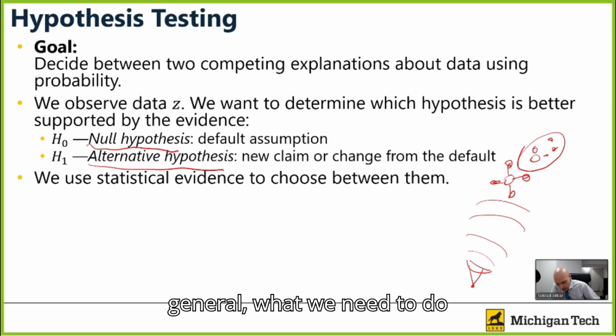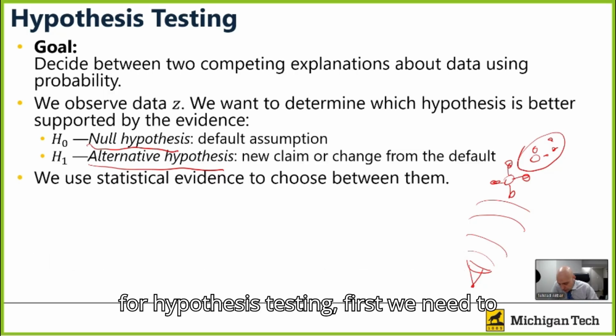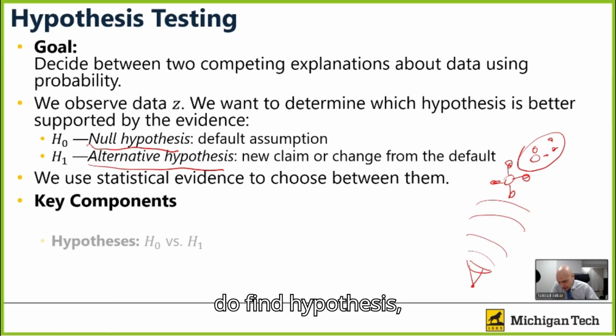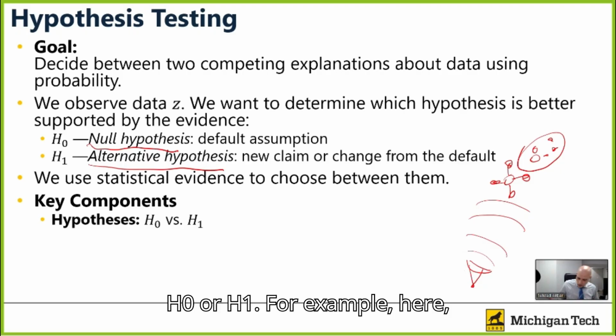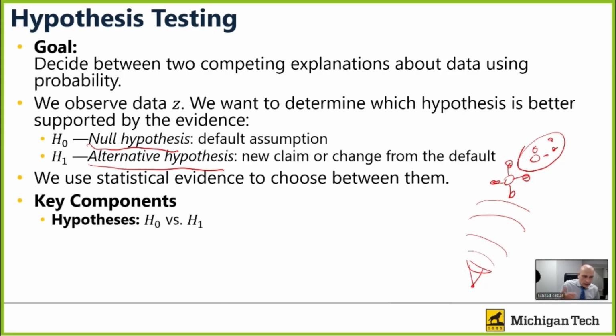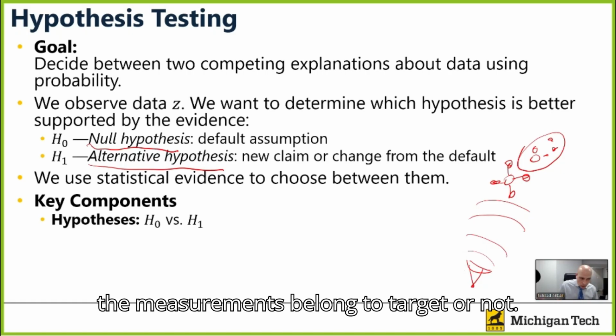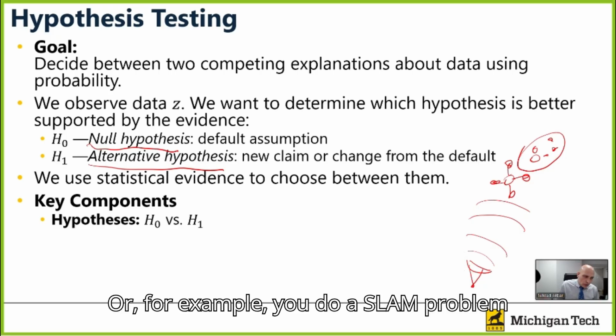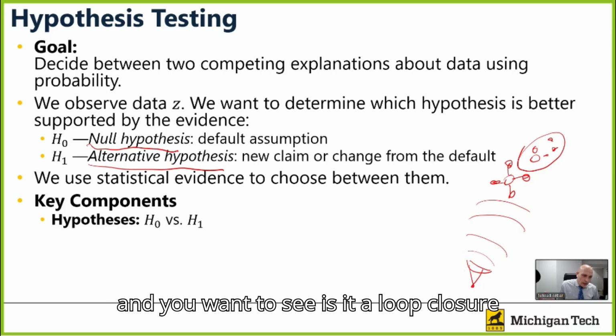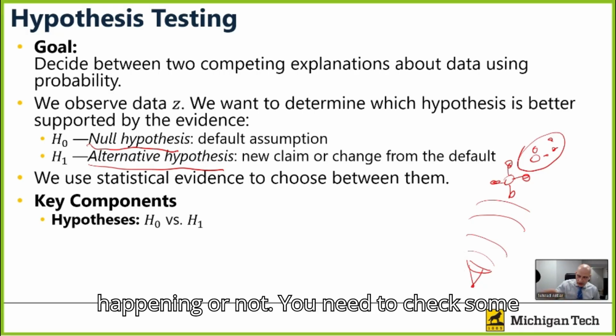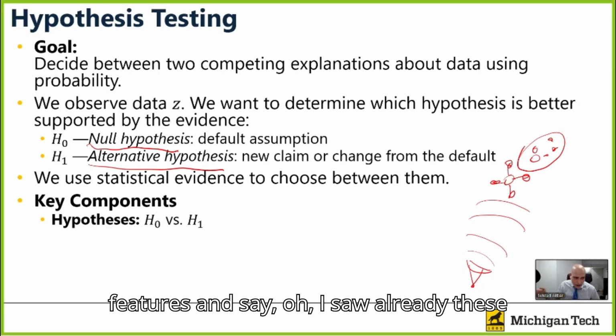So in general, what we need to do for hypothesis testing, first we need to find the hypotheses, H0 and H1. For example, here, the measurement belongs to the target or not. Or for example, you do a SLAM problem and you want to see whether a loop closure is happening or not. You need to check some features and say, oh, I already saw these features.